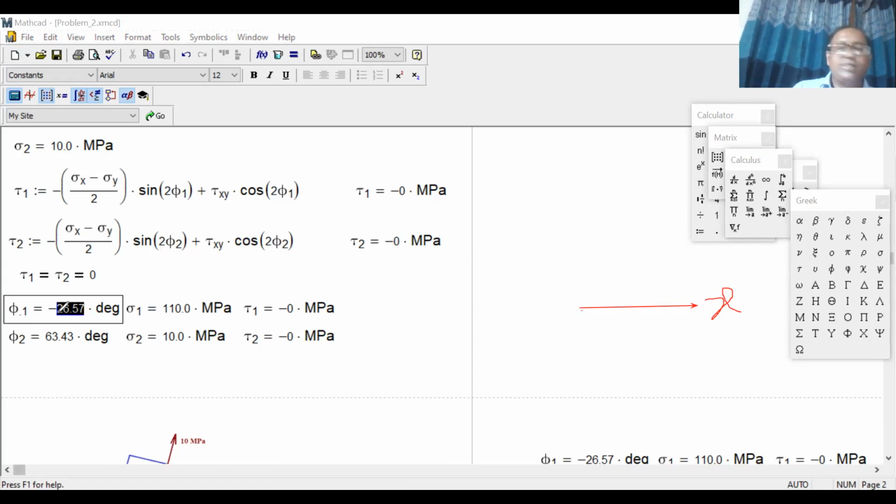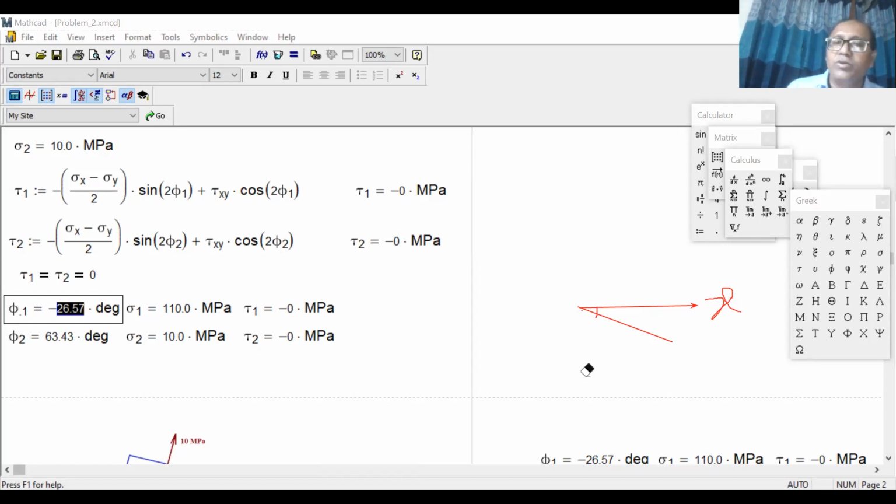I need to draw this angle, but minus. So I need to go clockwise. If this rotates clockwise, this is my angle. Then I mention that this angle is 26.57. You just mention it. I'm not mentioning it right away. The space is limited. Also, the mouse is not working. But I'll show you how we can mention it.